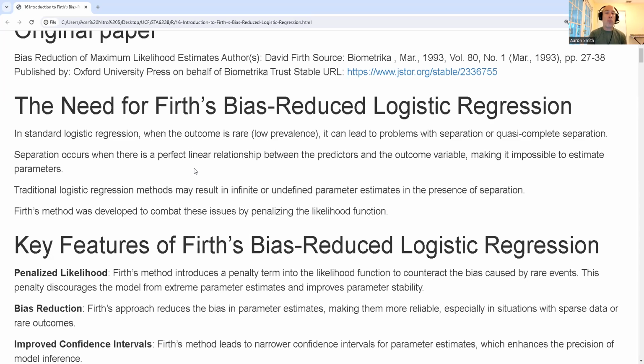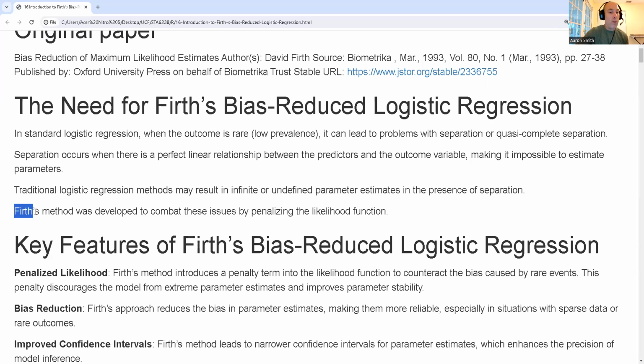Separation occurs when there is a perfect linear relationship between the predictors and the outcome variable, making it impossible to estimate the parameters, from a numerical point of view. Traditional logistic regression methods may result in infinite or undefined parameter estimates in the presence of separation, or just really, really big values. That's been my experience with R: you don't get infinite. If you were to do pencil and paper mathematics, you would get infinity, but instead you get 10,000, which wouldn't even make sense.